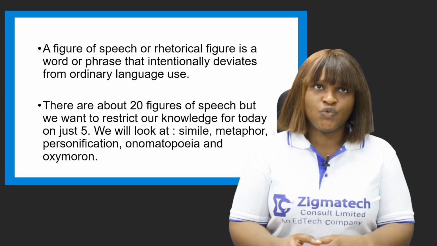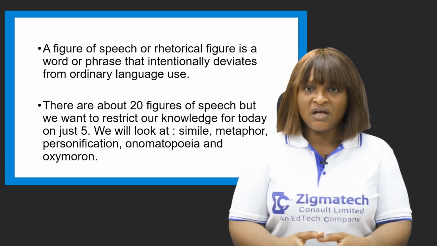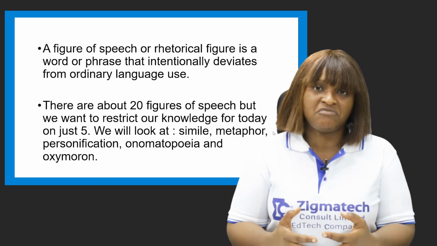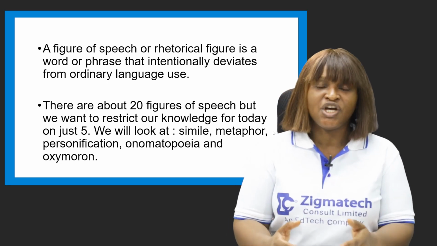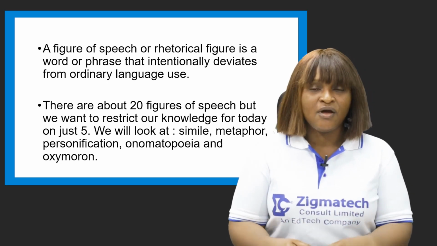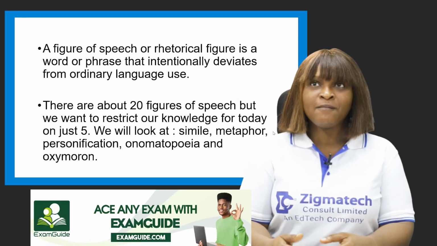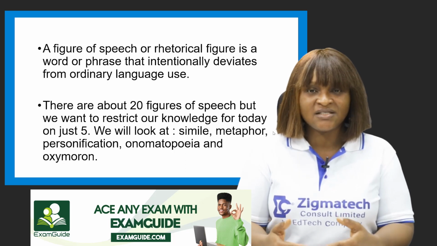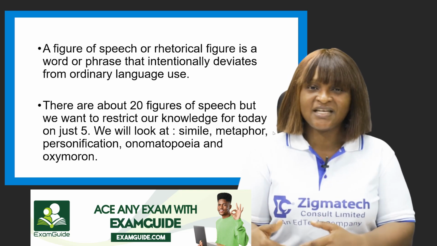All right, let me just quickly give an instance. I can just come to a place and say that somebody has died. That's the normal way of speaking, or the ordinary way we could pass a message about someone's death. But some other person could come in and choose to say that Mr. Smith has kicked the bucket. Mr. Smith has kicked the bucket.